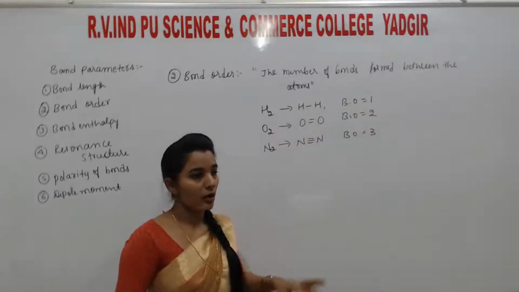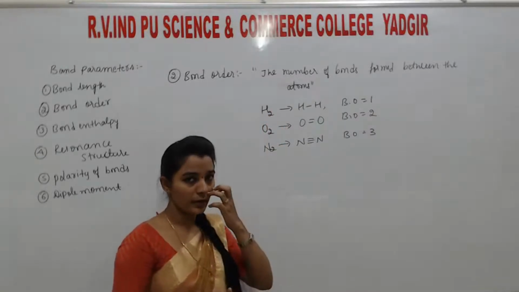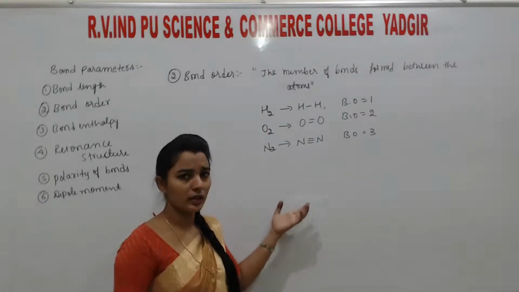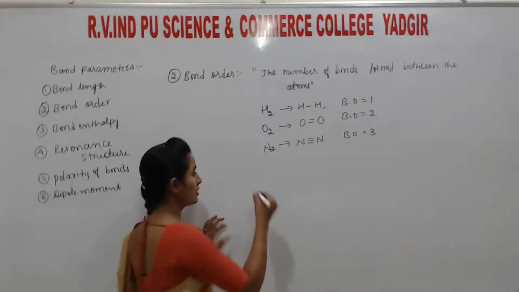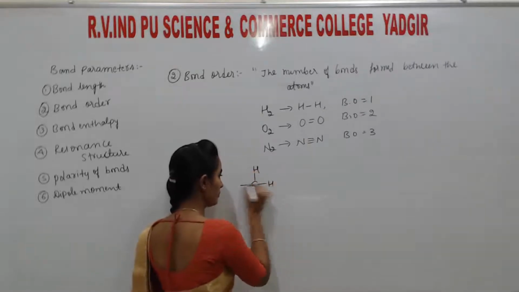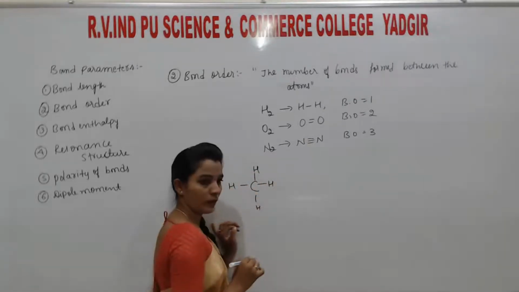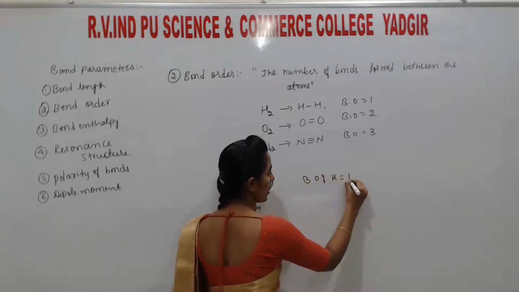I am not telling only about diatomic molecules, maybe polyatomic also, like CO2, CH4, anything. So there the bond order is how much? If you listen, take methane. Here the bond order of hydrogen is 1.